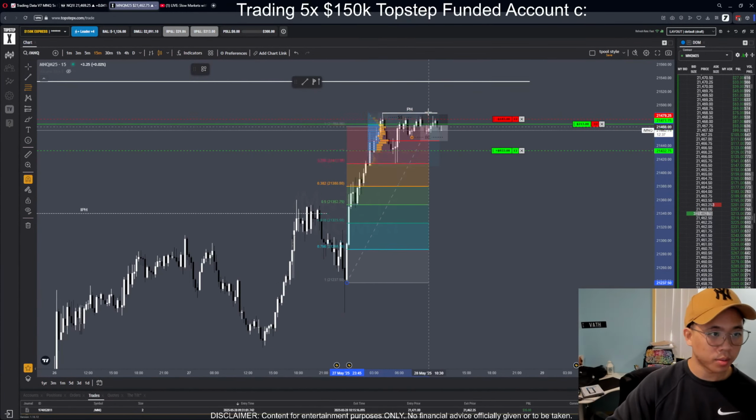For the time being, let's just look. I'll put up a few areas of take profit. First and foremost is this area here. If I was to take profit there, 21,434.50, around that.